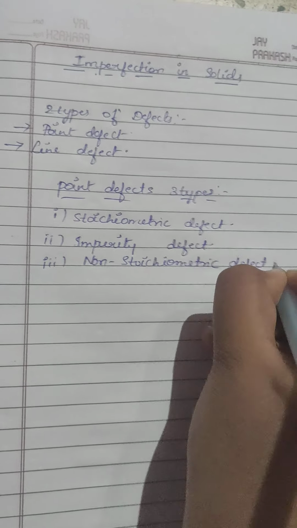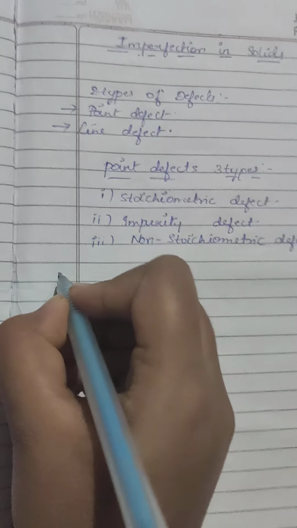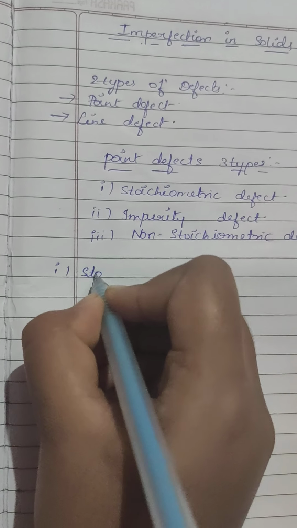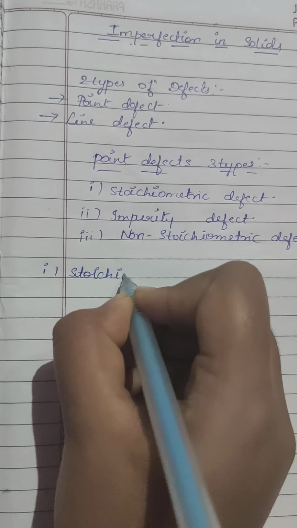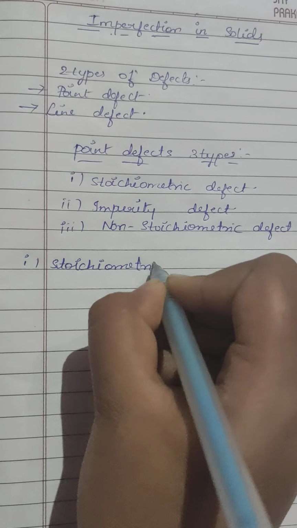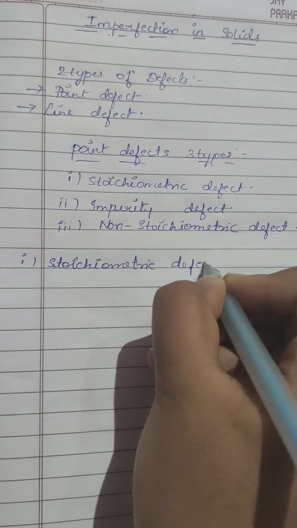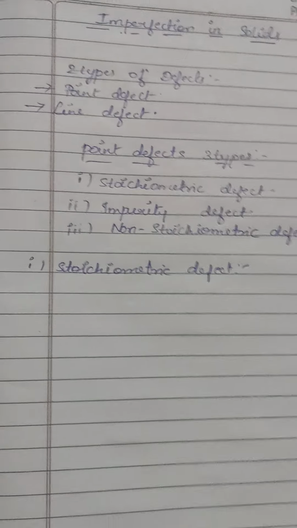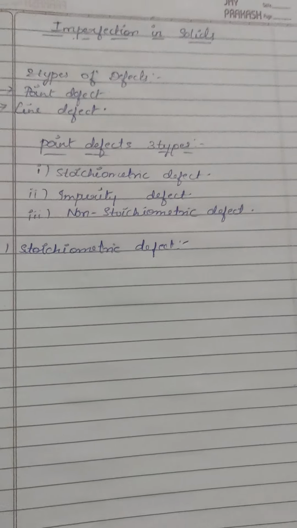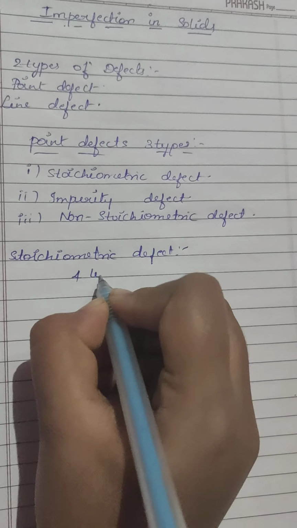So let's discuss these one by one. The first one is stoichiometric defect. This stoichiometric defect can be classified further into four types.